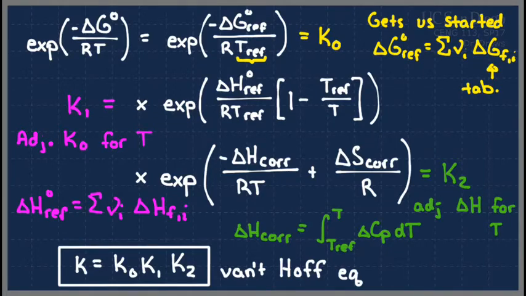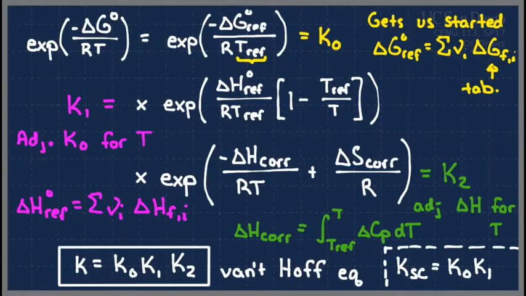There's also a version of the Van't Hoff equation that's a little bit simpler. You can define a shortcut version, which is just K0 K1. The shortcut version of K is just K0 K1. That one you can actually calculate by hand. That's not too bad. You're going to practice that on the first homework problem that you've got.